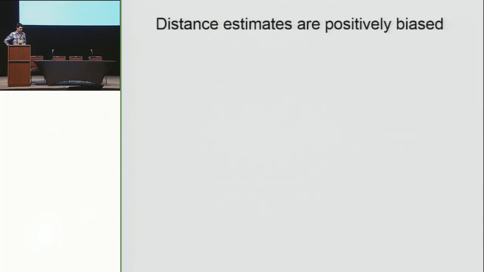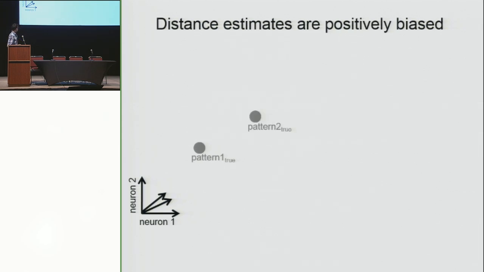So on the first question, a basic point to appreciate is that distance estimates are positively biased. Imagine you have a representational space. Here I've sketched it out with these arrows indicating activities in different neurons. Imagine you have 2 true patterns, and you would like to estimate the distance in this representational space spanned by the neurons between these 2 patterns.